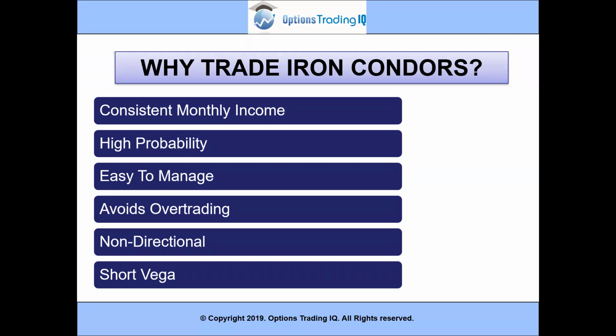It avoids over trading. So I see a lot of people doing lots and lots of trades. They end up with loads of positions. There's this whole kind of trade small, trade often movement. I tend to be the opposite. I prefer to have one or two big positions that I manage really closely and I watch like a hawk, whereas people who have 20, 30, 40 positions open, it just gets overwhelming.